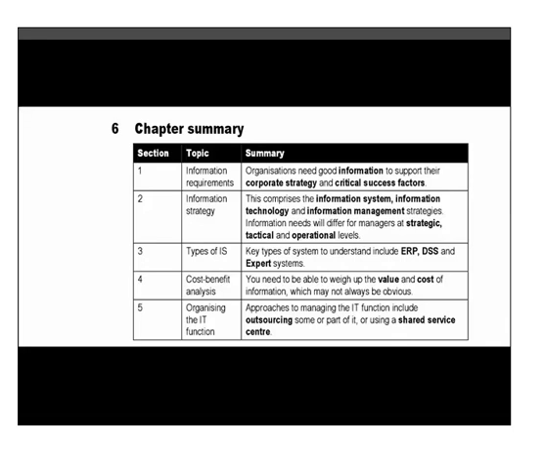In this chapter, we've looked at the role of information and information systems and some of the risks associated with it. Key starting point here is that organisations need good information if they're to carry out their strategy, and they particularly need to focus on their critical success factors, the things that they need to get right in order to succeed. They will generally require information to get them right and to make sure you're getting them right.